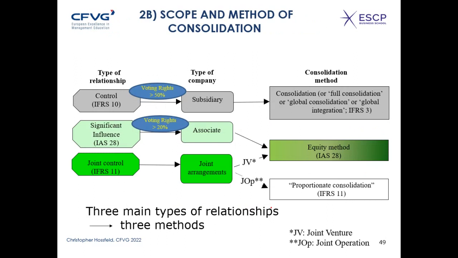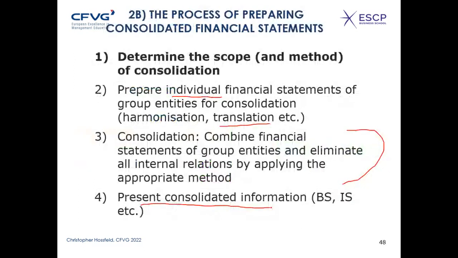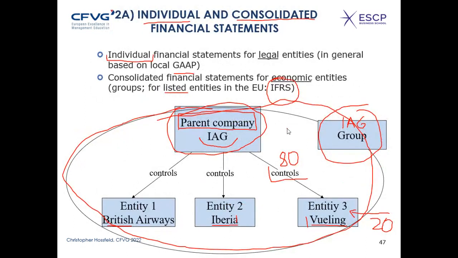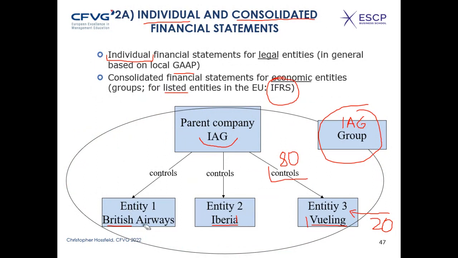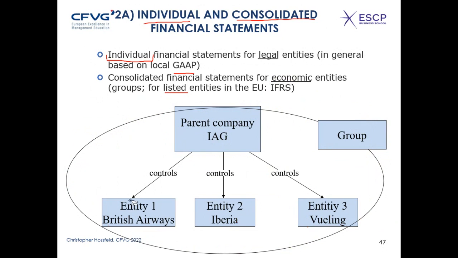Step number 1, the scope of consolidation. That means, in other words, here the parent company has to check what type of relationship it has with all the other companies. You are a parent company, you have a multitude of investments, okay?